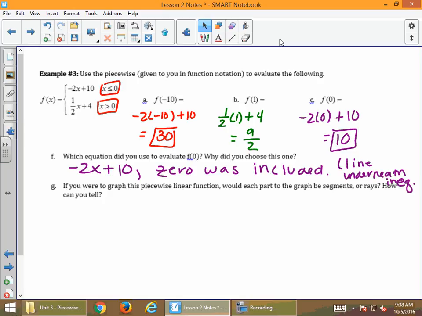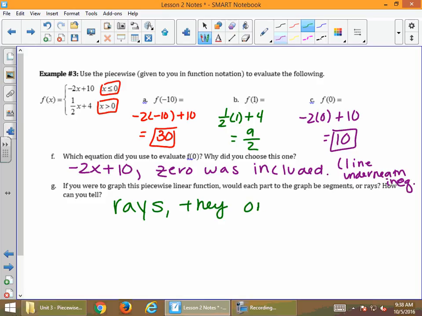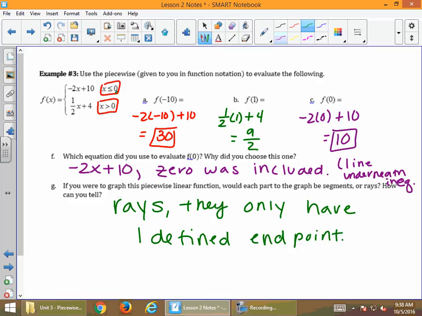If you were to graph this piecewise function, would each part of the graph have segments or rays? Starting at 0, you're going on forever in one direction.